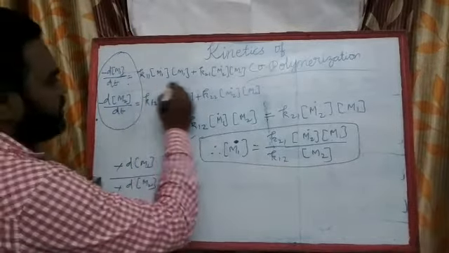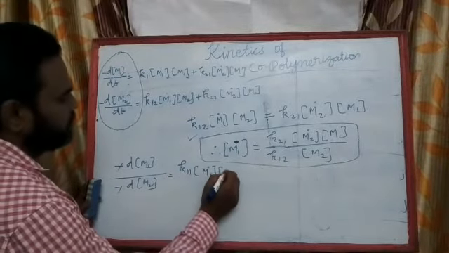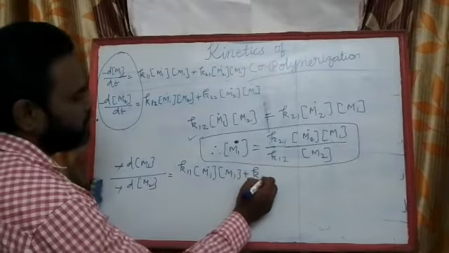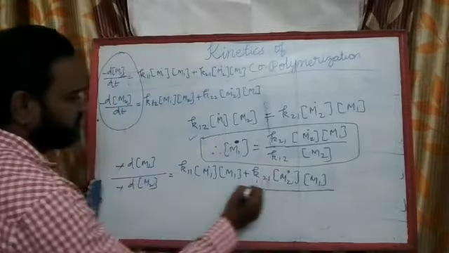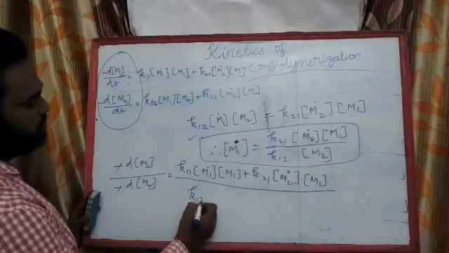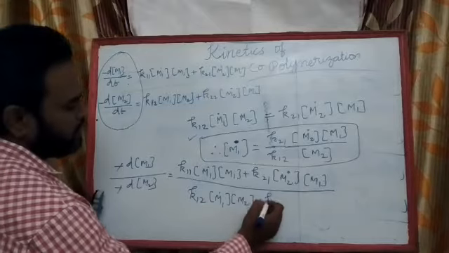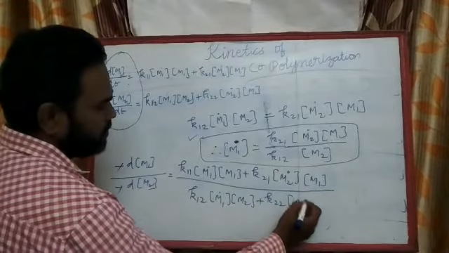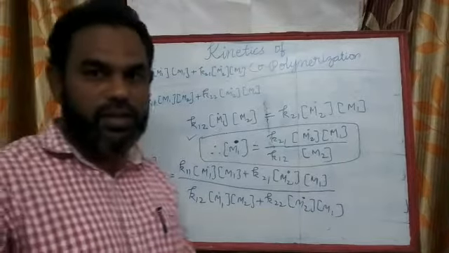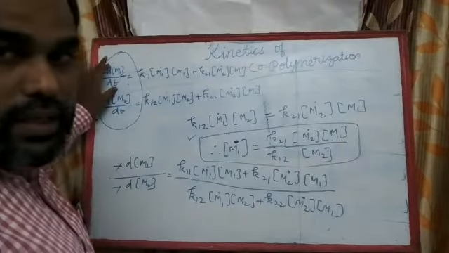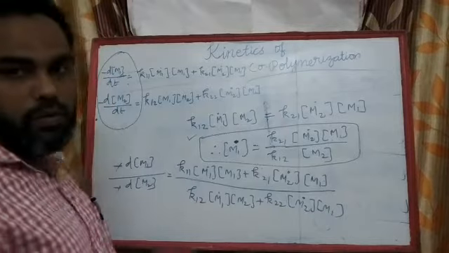So I have to divide these two: K11 M1 dot M1 plus K21 M2 dot M1, divided by K12 M1 dot M2 plus K22 M2 dot M1. So I have got the ratio between the reactivity of these two monomers.